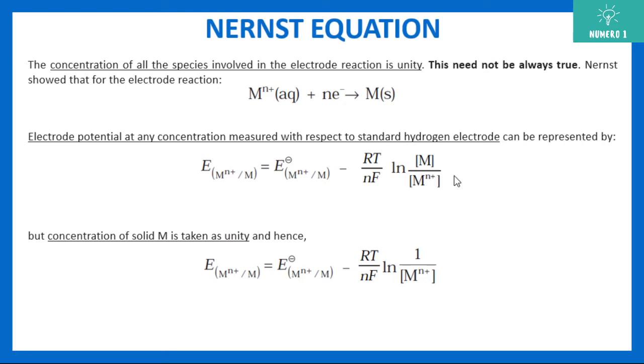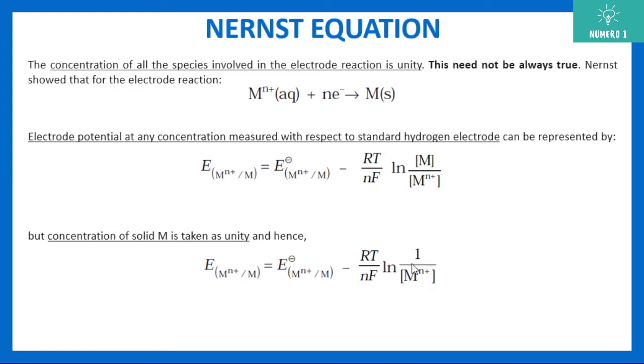As simple as that. Here M is a solid, so the concentration of solid M is taken as unity, and you can write this equation as E of Mn plus to M is equal to E naught of Mn plus to M minus RT upon nF ln of 1 upon Mn plus.